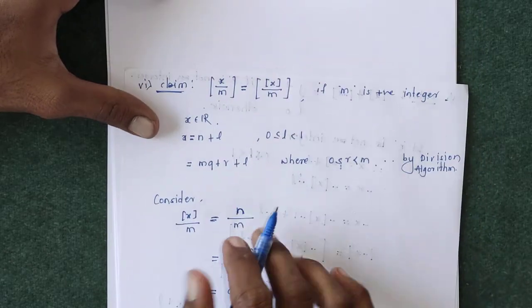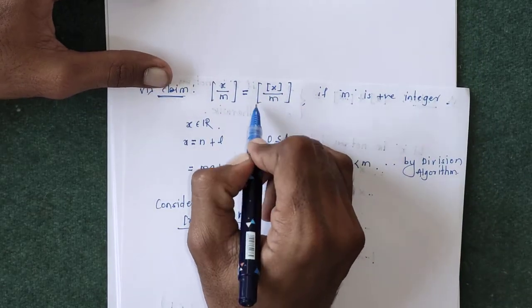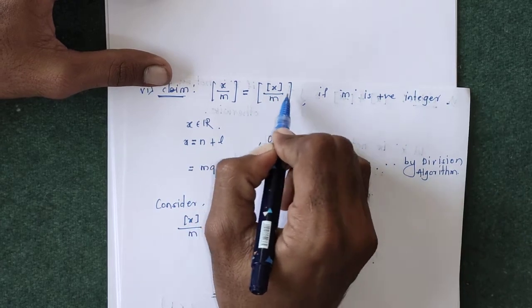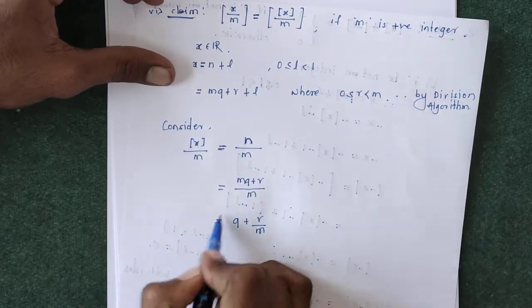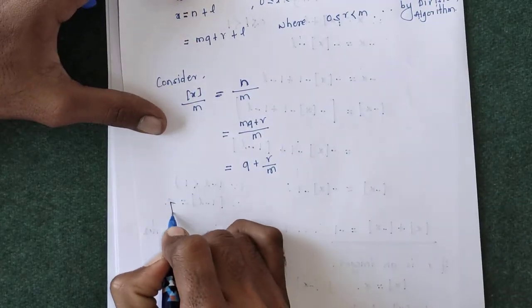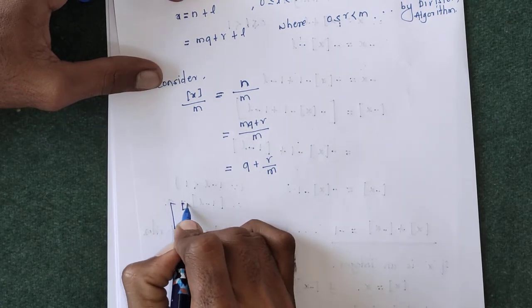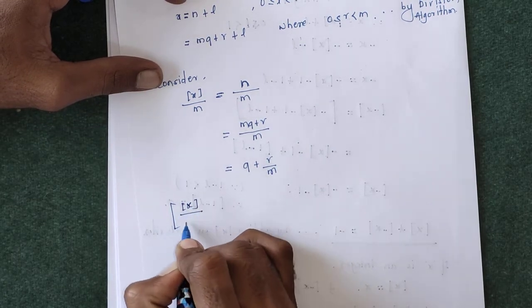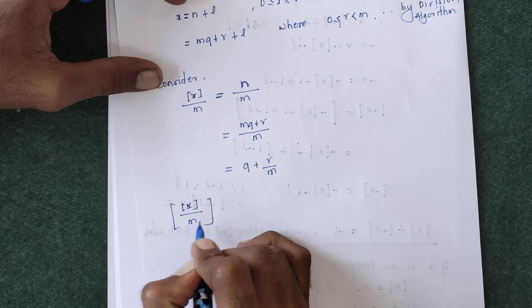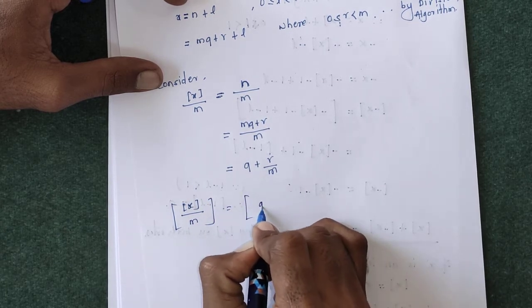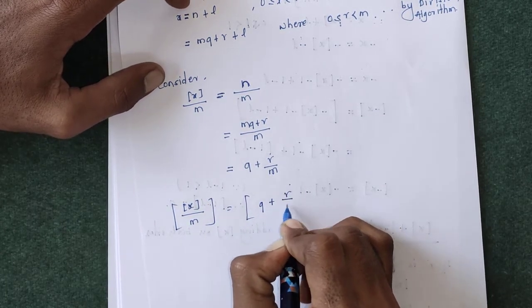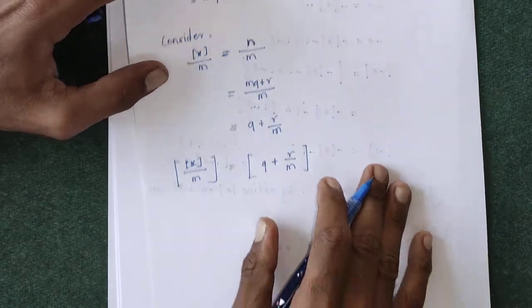Now our right hand side is the integral part of x by m. So here it is of the form q plus R by m, so we can take the integral part of both sides. Then we have the integral part of x by m is equal to the integral part of q plus R by m.